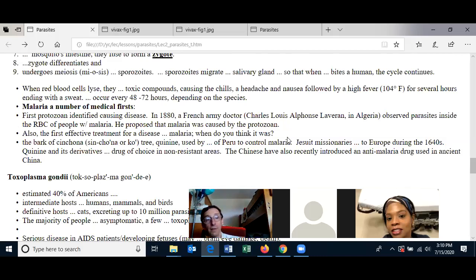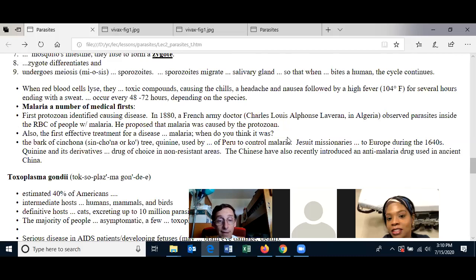And I've already mentioned that malaria was also the first disease that the West ever had a successful medical treatment for. And that is, the Jesuit missionaries noticed that the natives of Peru were eating the bark of the cinchona tree, you can pronounce that either way, which has quinine in the bark.